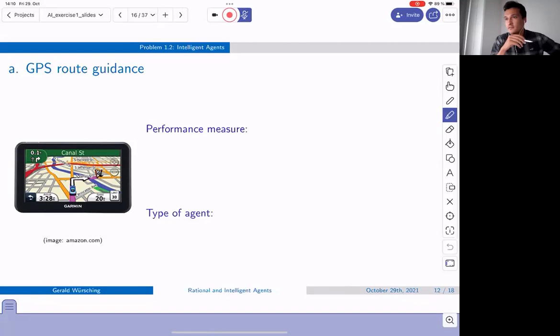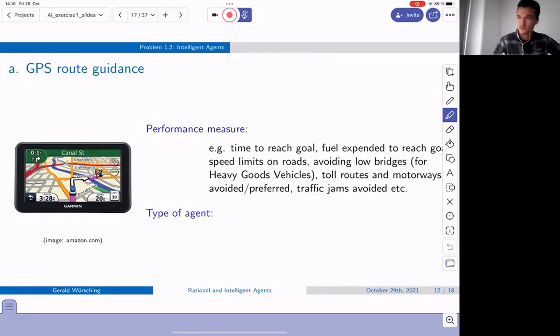Toll roads, yeah, perfect. Okay, thanks. I think you've mentioned all of them. So it's mainly time to reach the goal, fuel consumption, avoiding toll routes, speed limits, traffic jams, and so on.